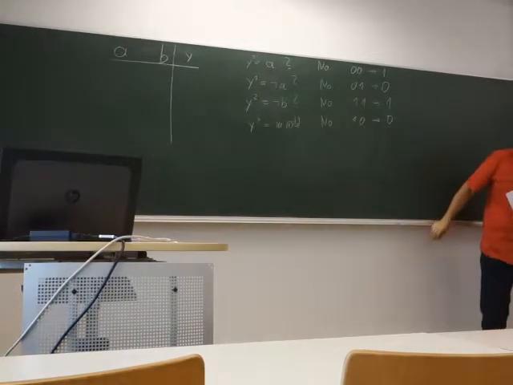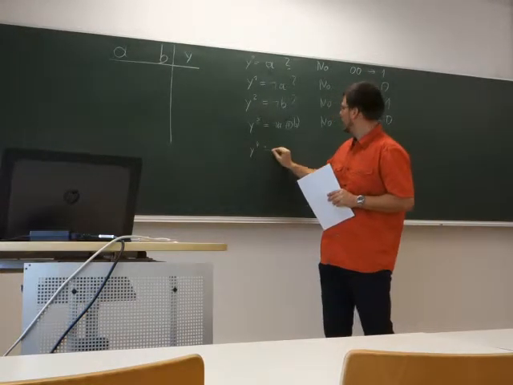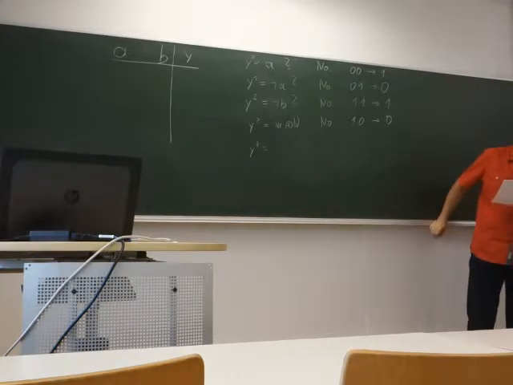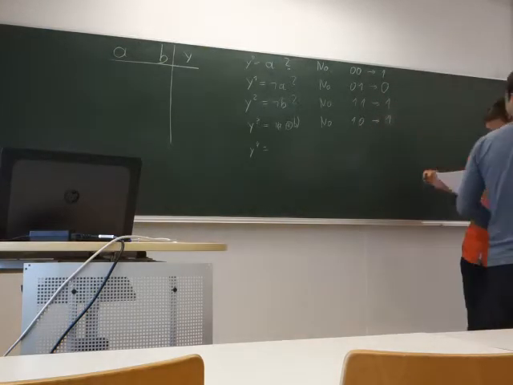A or not B. Yes. I think the line should actually... Shouldn't it be no, because 1, 0 actually gives 1? Yeah, sorry.